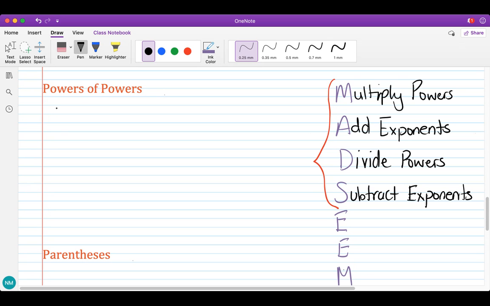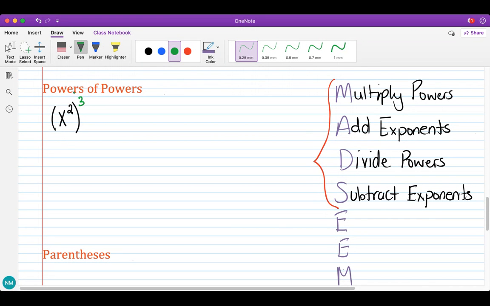If I have something like x squared, let's do x squared to the third power.